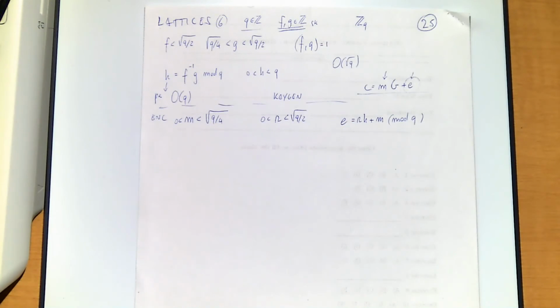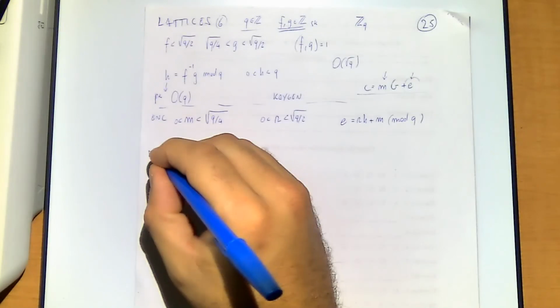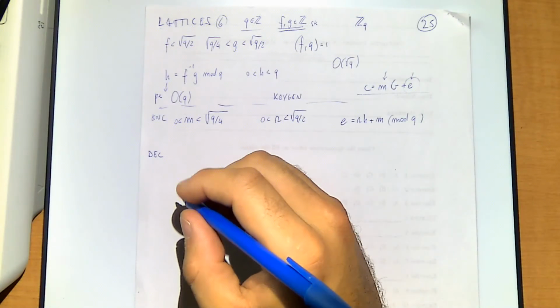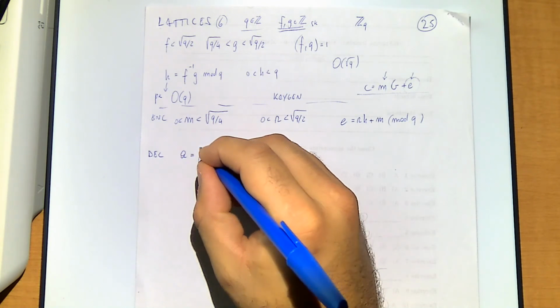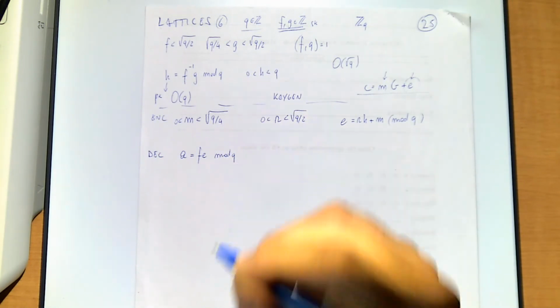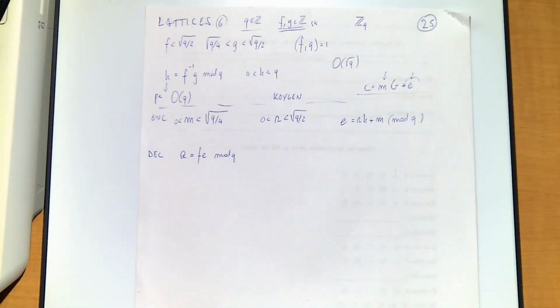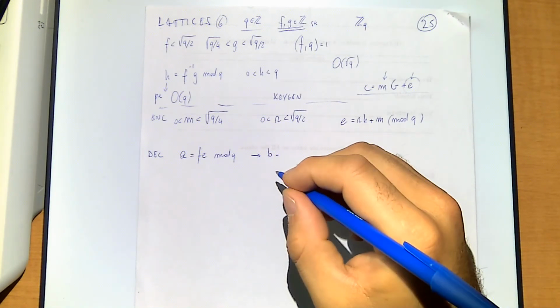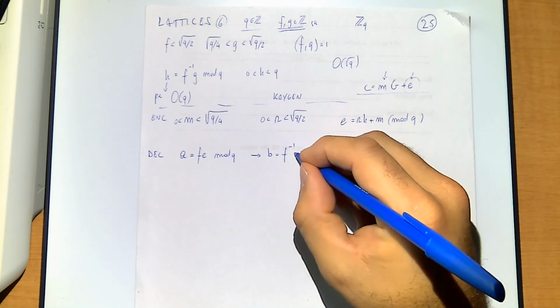So here's what I'm going to do in the decryption algorithm, which is the most interesting. First, I'm going to compute the value A, which is F e, mod Q. And then I will compute B, which is F inverse A. So you're like, okay, wait, what are you doing?